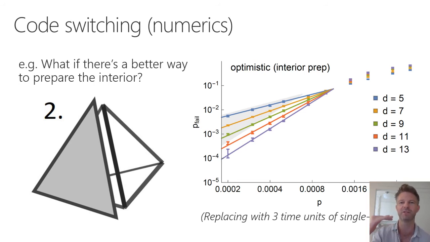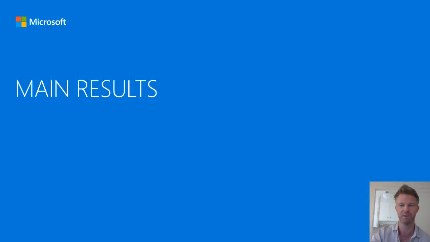We're not claiming that you could actually achieve this, but if you were to improve this particular part of preparing the interior, then we're confident that this is the most improvement that you could get by doing that. And probably you're not going to be able to do quite as well as that, because this is really kind of optimal. And we did that for all of the different steps. So for each step, we bounded what could be improved.